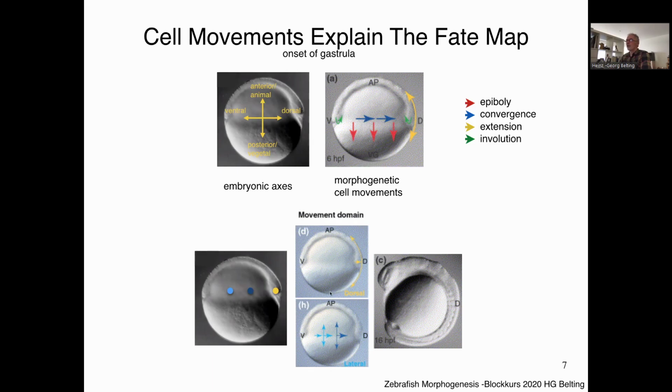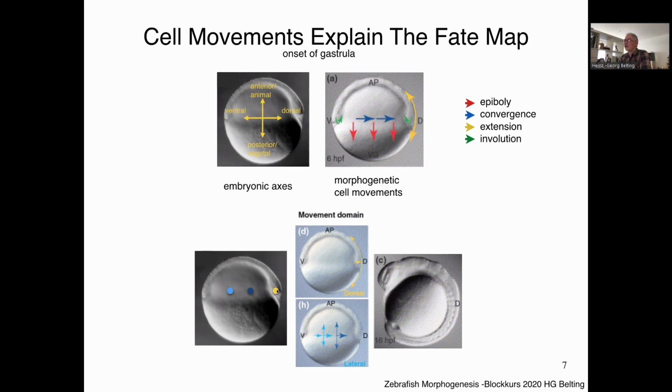If we would look at this on a fate map and we would label these different cells here, these cells would be the ones that go a little bit to the dorsal side, extend a little bit like this. This cell here, it will also go to the dorsal side and extend a little more.